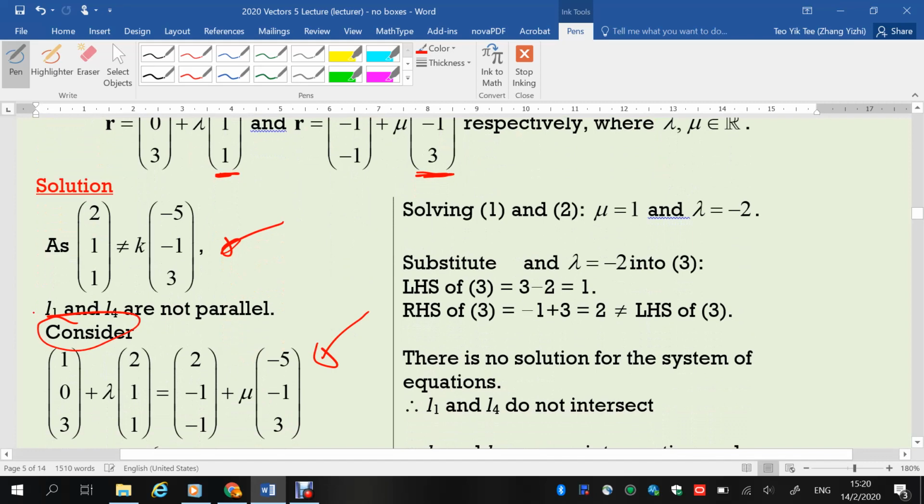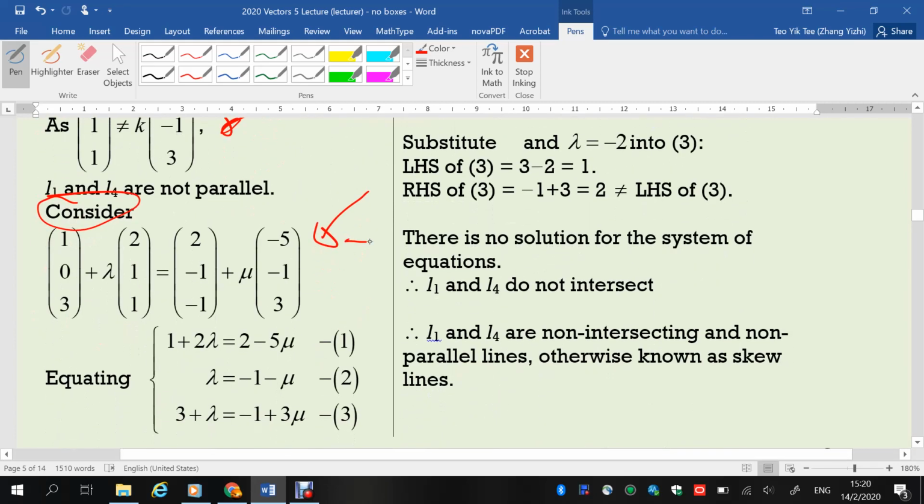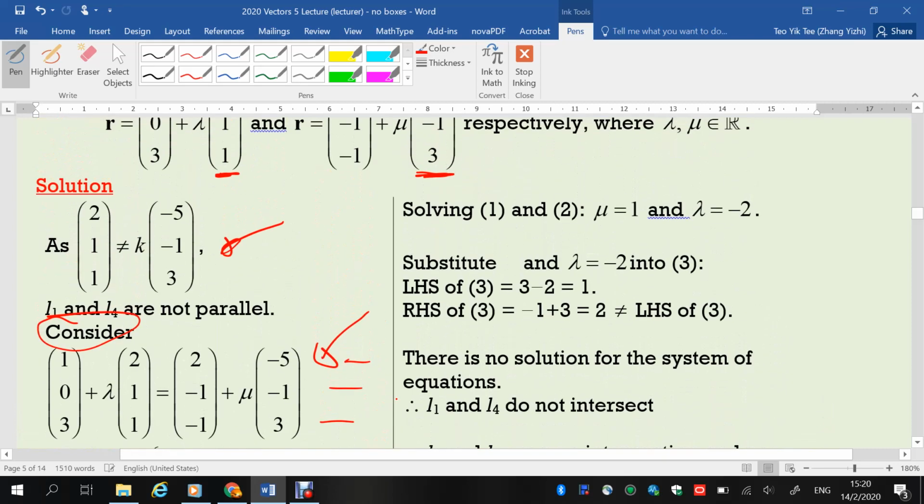So equate the two equations together, and generate 3 equations horizontally. You have 2 unknowns but 3 equations. Use any 2 equations, 1 and 2, to solve for lambda and mu. Thereafter, substitute into the third equation and check.